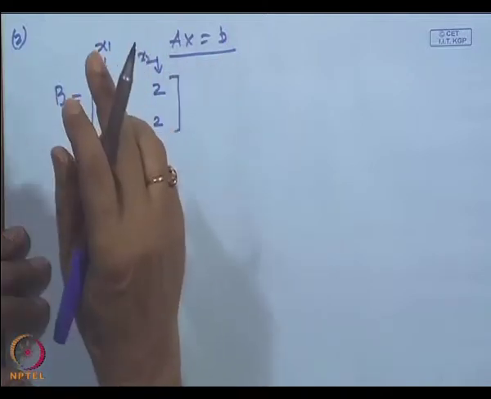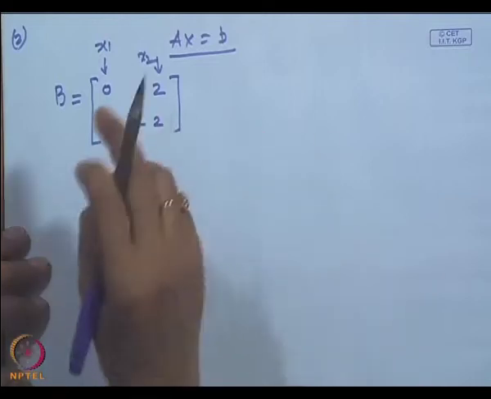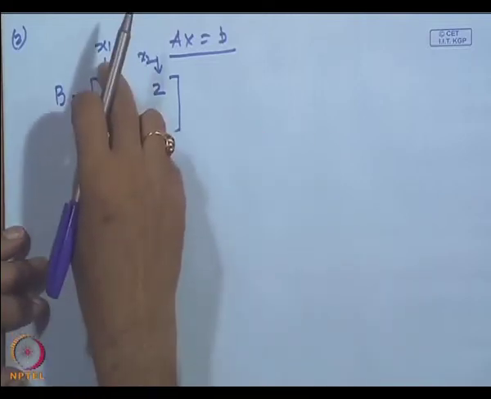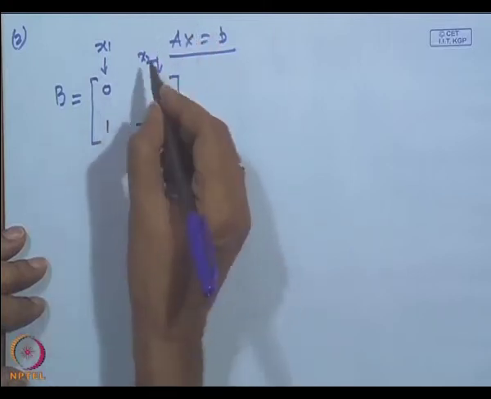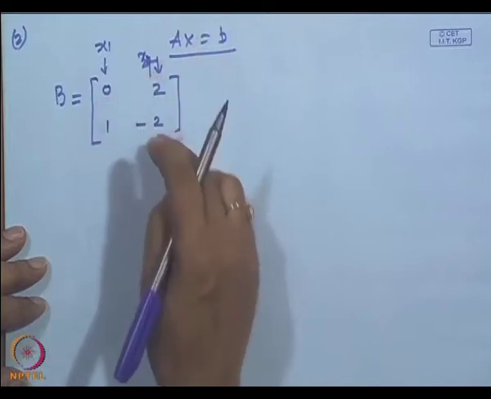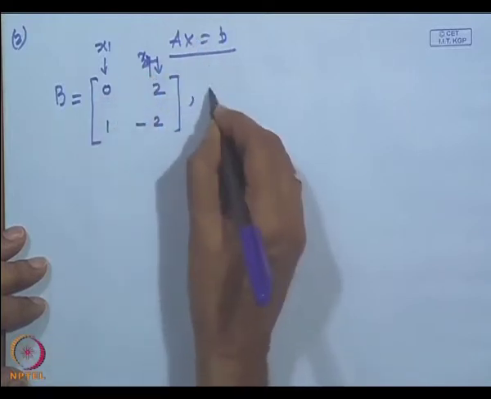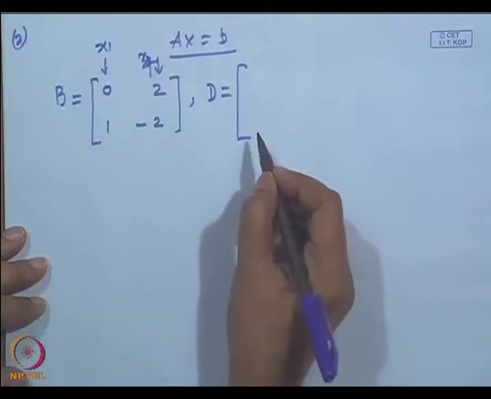The A matrix has 4 columns, and the columns associated with the basic variables I have written here. Then D from the A matrix is the columns associated with the non basic variables.